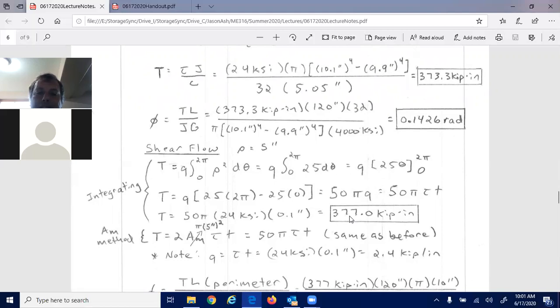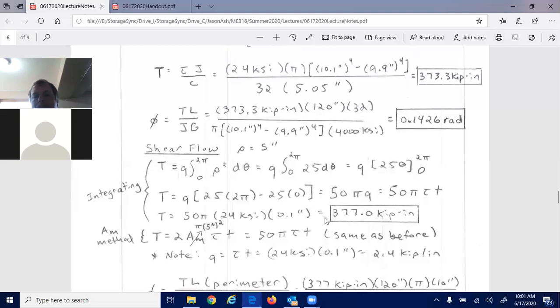And so that's not very alarming. As your thickness increases for your cross section, your difference is going to then increase between your torsion formula and your shear flow method. And so you do have to be cautious about that.